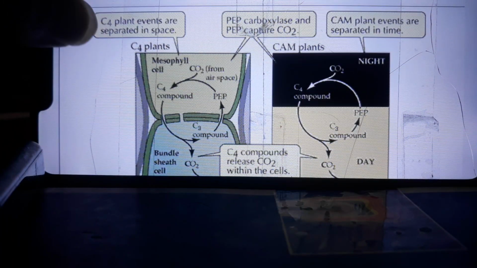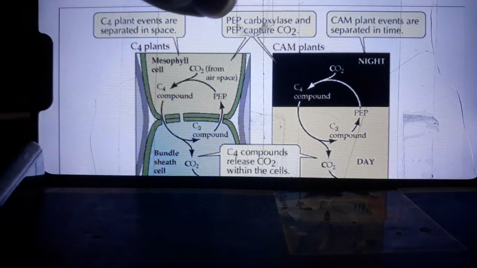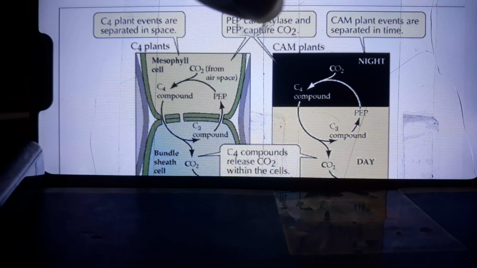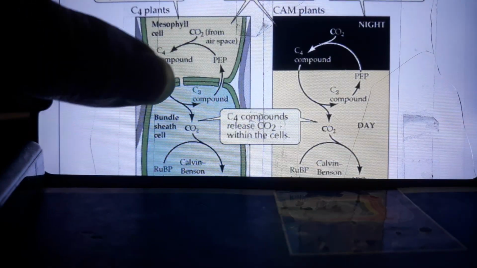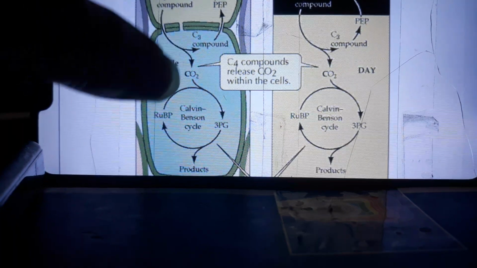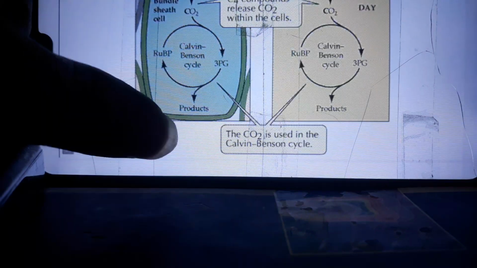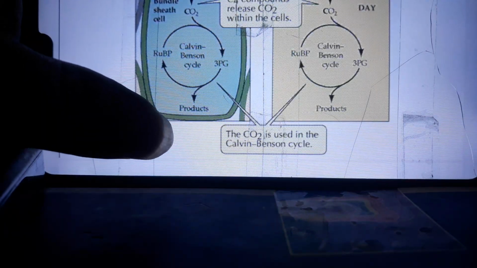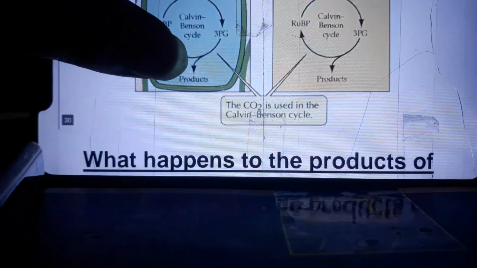In C4 plants, events are separated in space: in mesophyll cells, PEP carboxylase and PEP capture carbon dioxide to make a C4 compound. In a bundle sheath cell, the C4 compounds release carbon dioxide within the cells to give products through the cycle, where we see 3-PG and RuBP and their products.